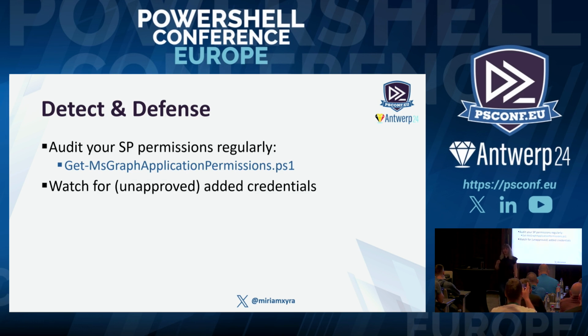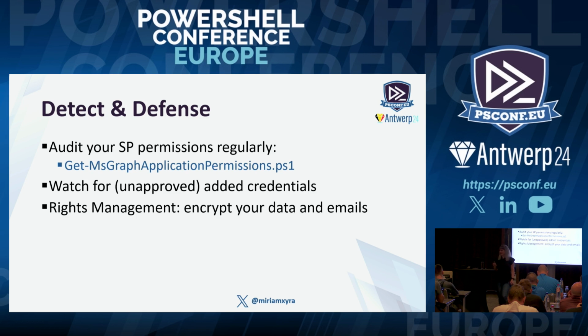Also, watch if credentials were added, especially if you did not approve that or if you are not aware of those credentials. Encrypt your data and your emails. There are great rights management solutions out there, and if those emails were encrypted, we could not have easily read them.